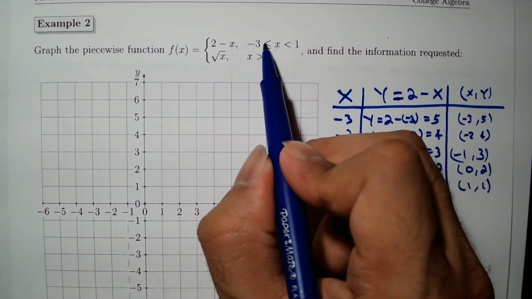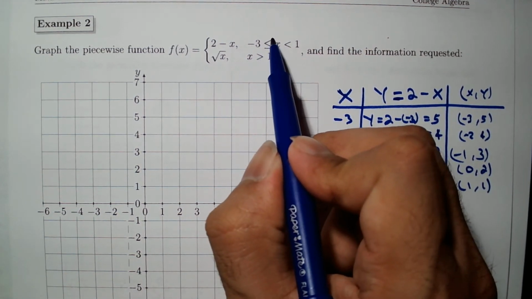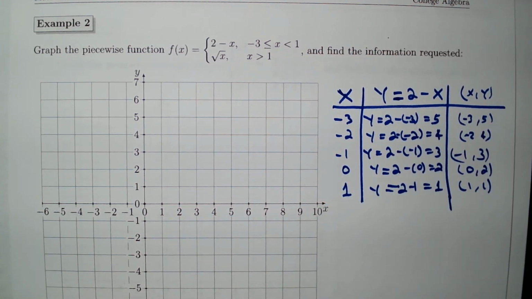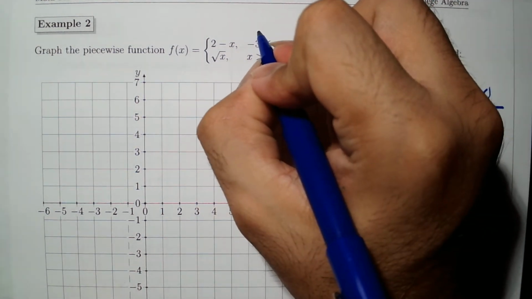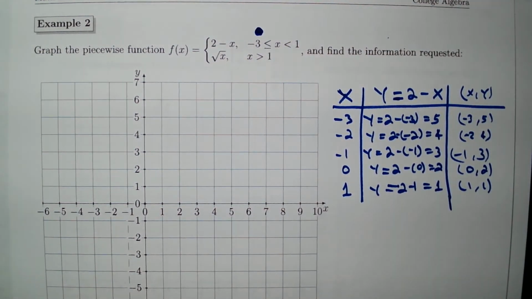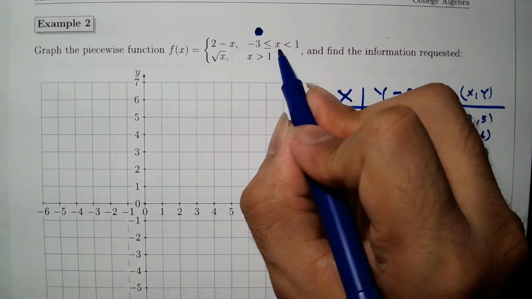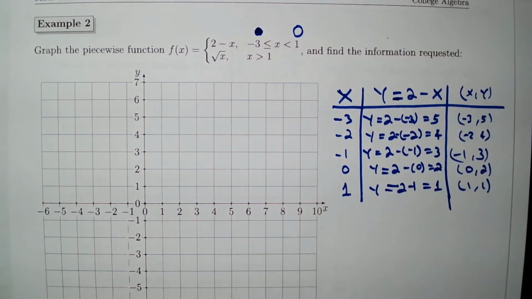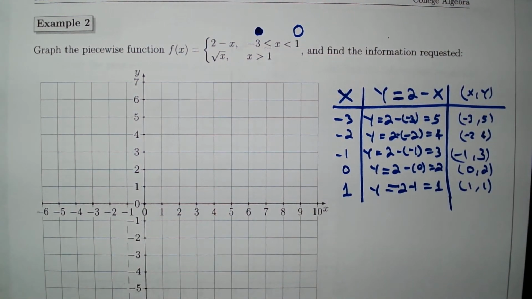Because of this less than or equal symbol, the equal implies that we are going to have a solid bubble at that point. Because of this less than only, it doesn't have the equal, so this is going to be an open bubble.